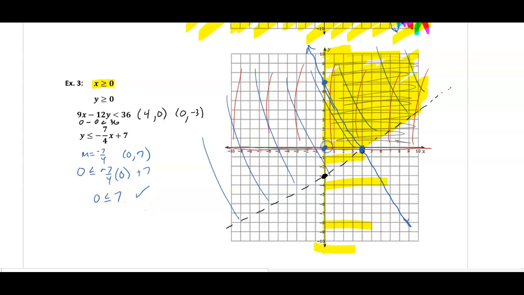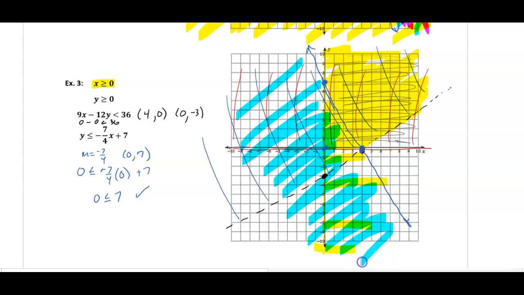So if (0, 0) is true there, I know I'm going to shade on this side of the line. And where does my feasible region end up being? It ends up being this section right in here. Okay, it's that triangle there. I'm above y greater than or equal to 0, to the right of x greater than or equal to 0, and inside all the other shaded regions. Hopefully this makes sense. Let us know if you have questions.